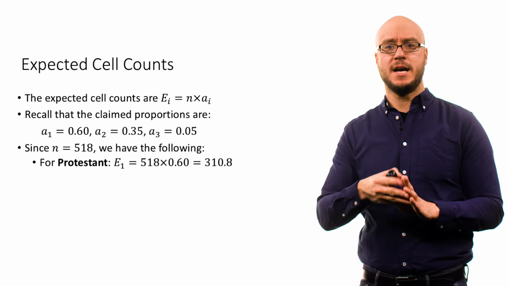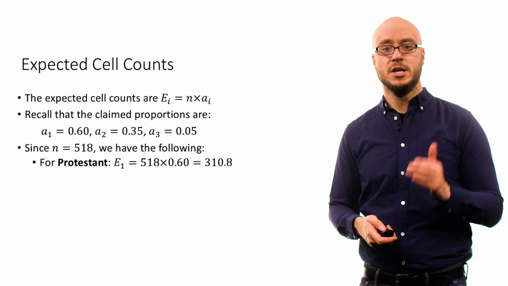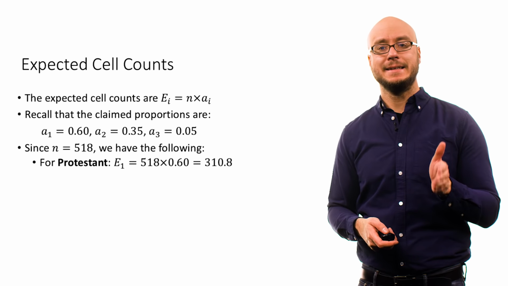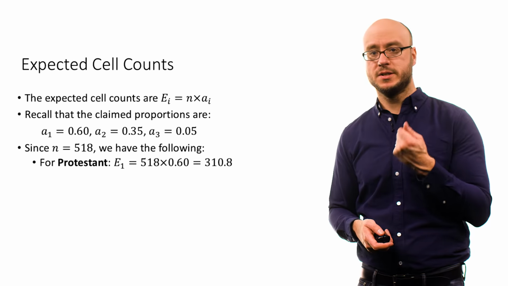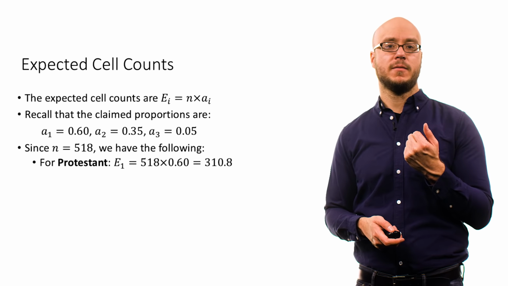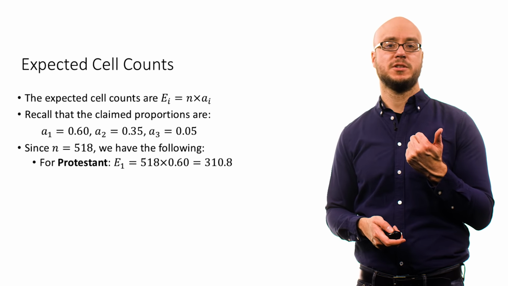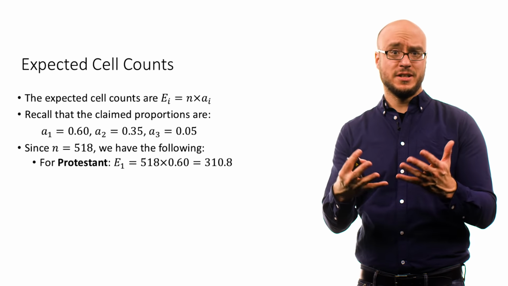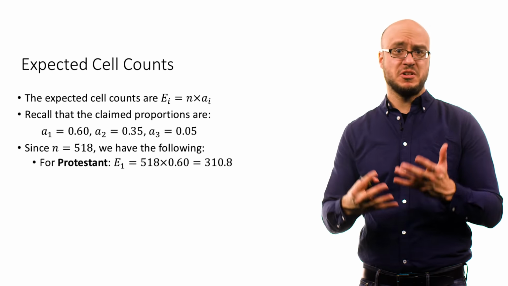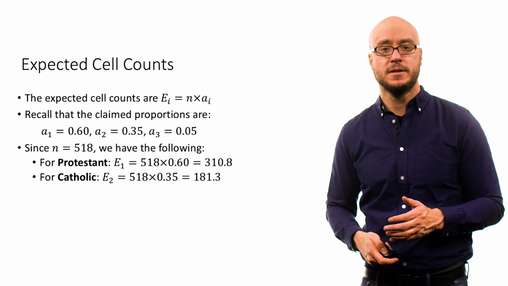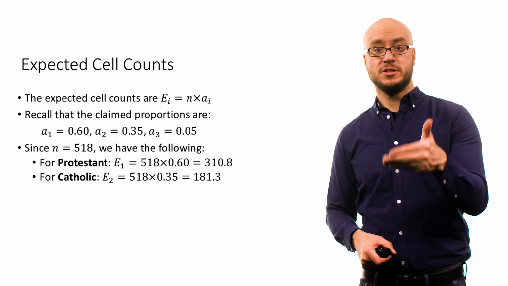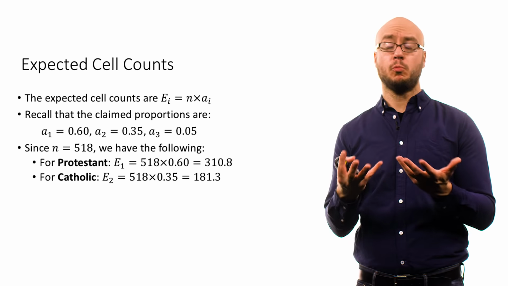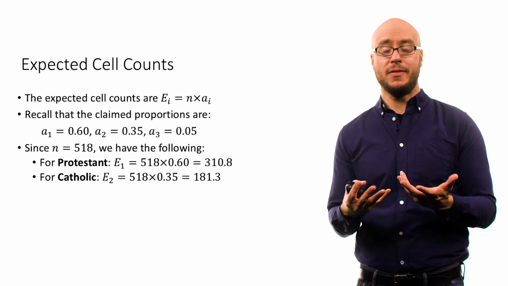multiply the total sample size by the proportion. So if we multiply 518 times 0.60, where 0.60 is the claimed proportion in the population by the religious studies scholar, then if that scholar is correct, using this sample of data, we'd expect about 310 young people to be Protestant. According to the scholar, we'd expect about 181 young people to be Catholic.